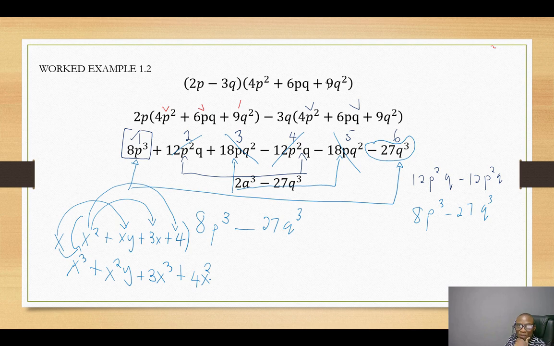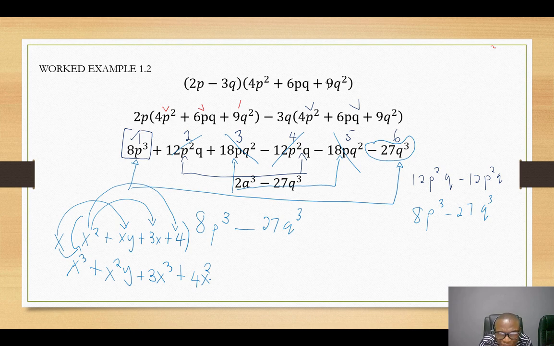Another skill that we have learned when working with the multiplication of a binomial and a trinomial is adding and subtracting like terms. You have to remember that in maths you can only add and subtract like terms. What actually are like terms? Maybe I should also explain.